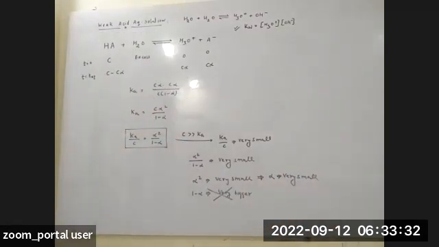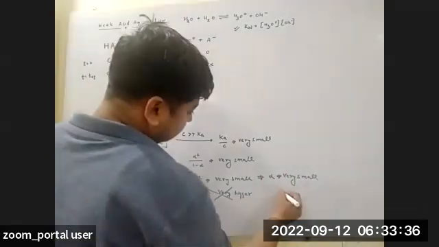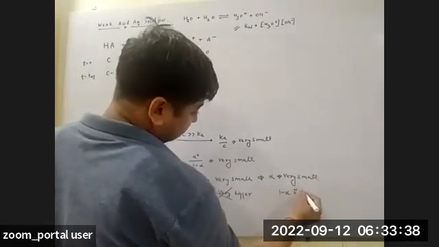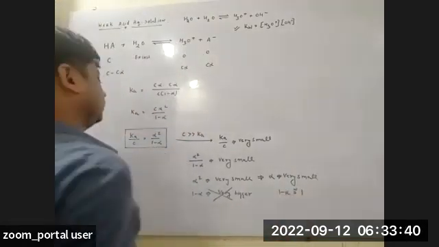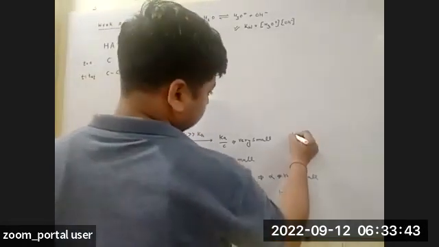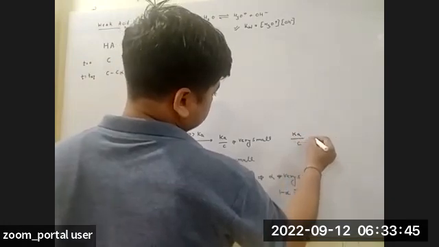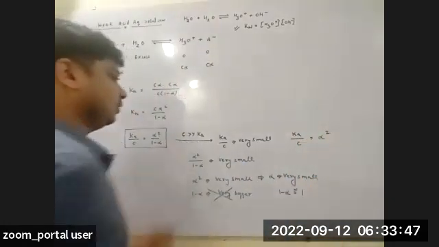If alpha is very small, we can approximate 1 minus alpha to 1. Now this equation will reduce to K by C equal to alpha square only.